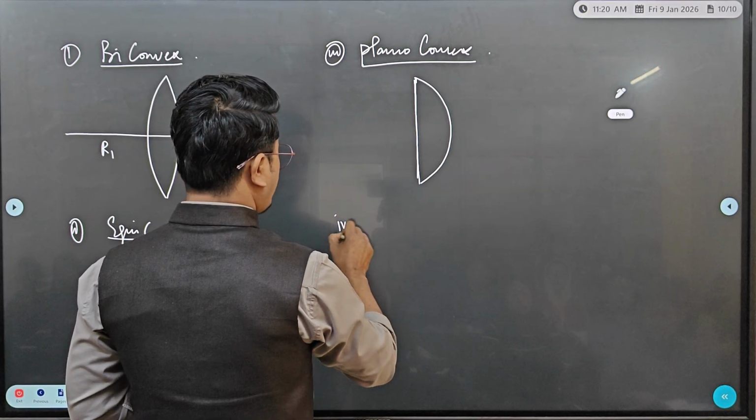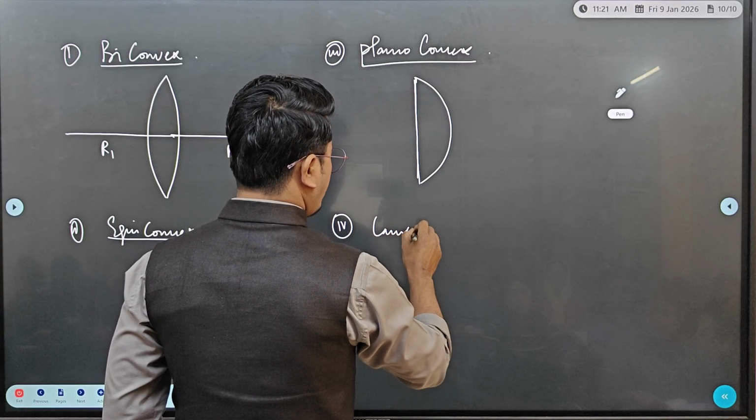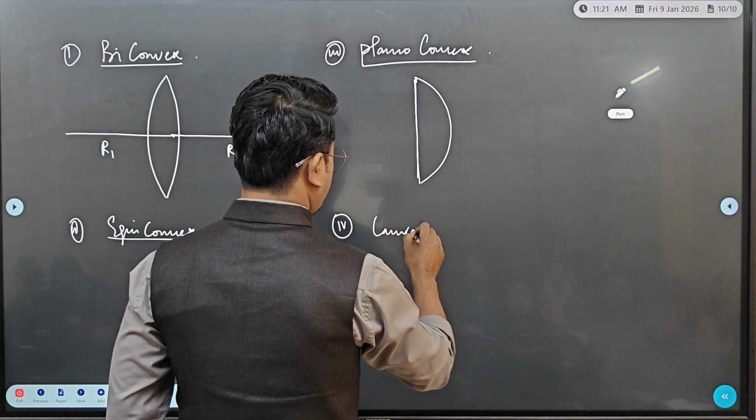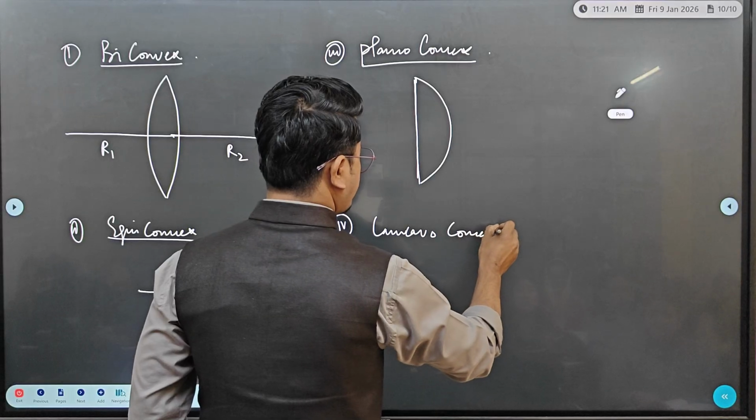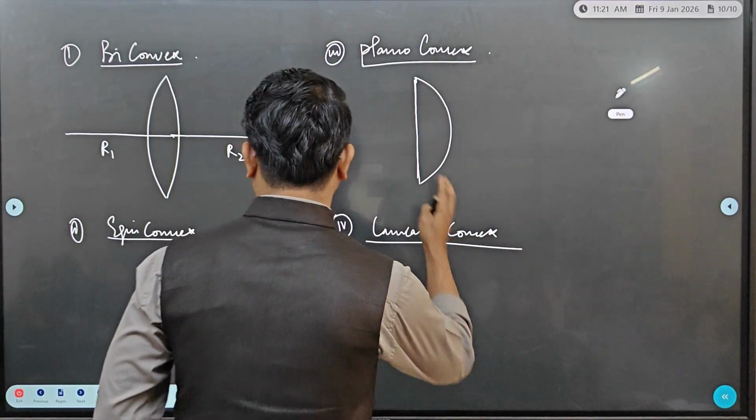The last one is your concavo-convex. Understood or not? Now you just say what is concavo-convex. You please note it down.